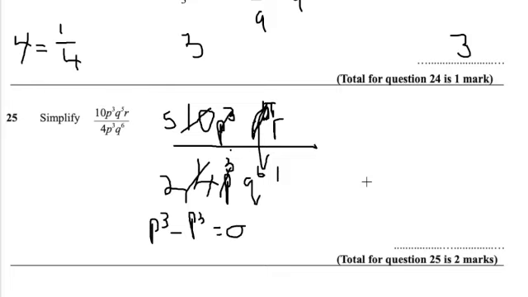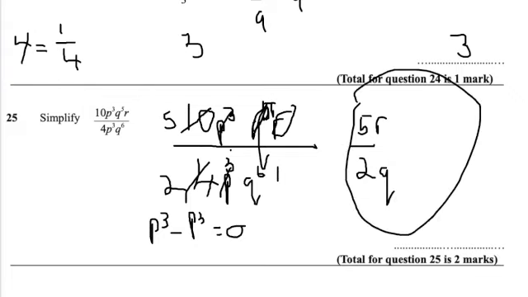That goes, because you do p to the power 6 minus p to the power 5. Because there's 5 minus 6 minus 5. The q stays at the bottom. And then r, you have no r at the bottom, so you're left with 5r over 2q.